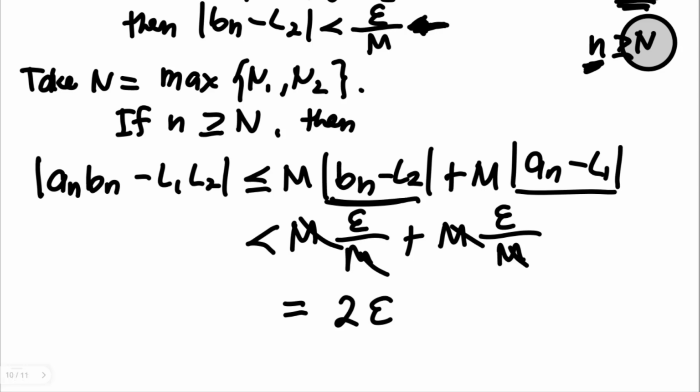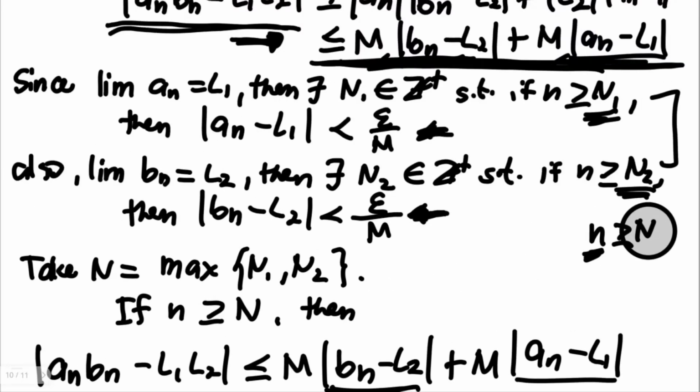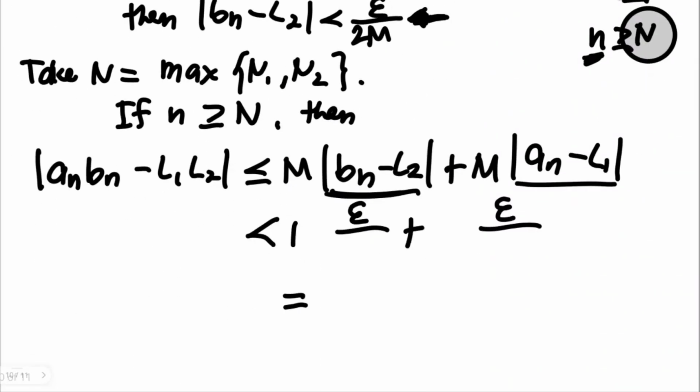That is why hopefully it's now clear that the correct form of your epsilon here must be epsilon over twice m, so that you have m, epsilon, twice m, cancel the m, epsilon over 2 plus epsilon over 2 is just epsilon. Hopefully that's okay with you.